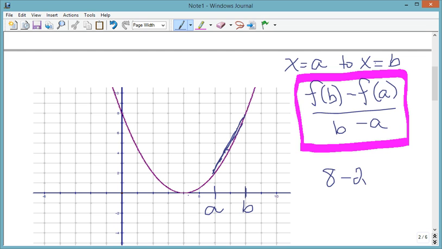And b minus a, so that would be 8 minus 6. Alright, so I've got 6 over 2 or 3. So this average rate of change between 6 and 8 is 3.